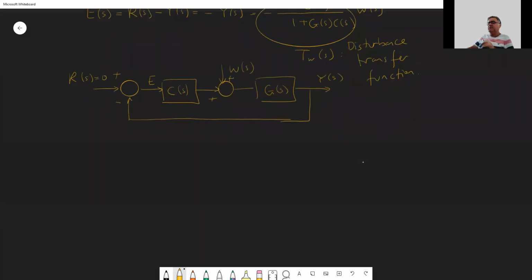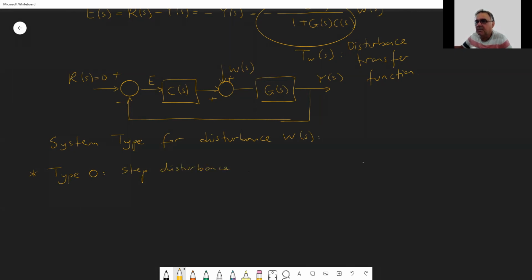Now just as we have defined the system type for a reference input R, we can also define the system type for disturbance, let's say, W of S, as follows. If you have a type 0 system, the step disturbance results in finite steady state error.